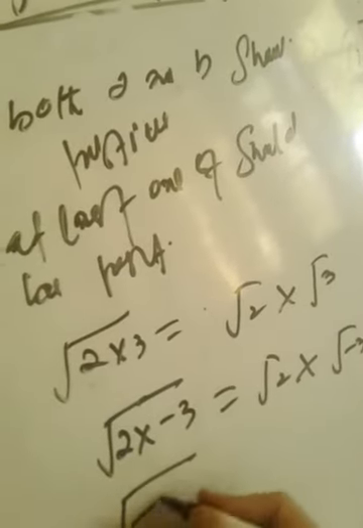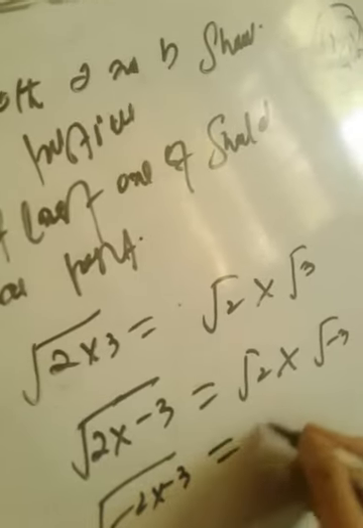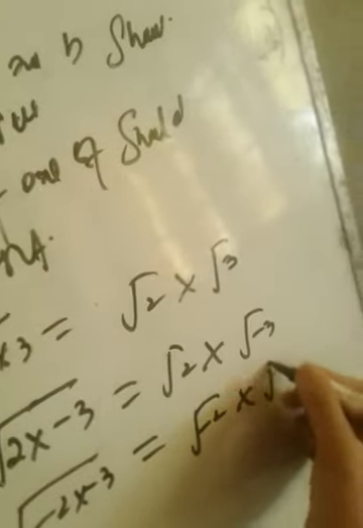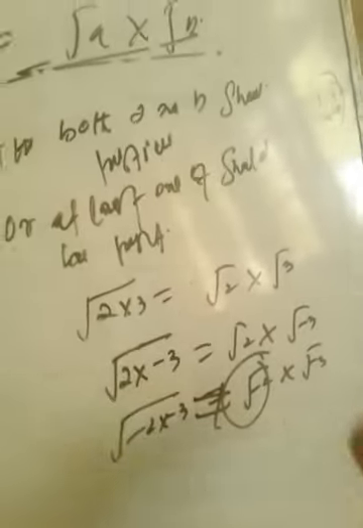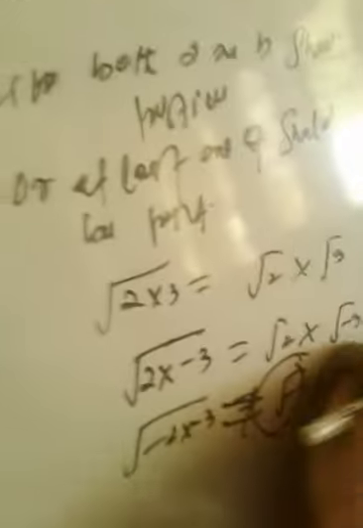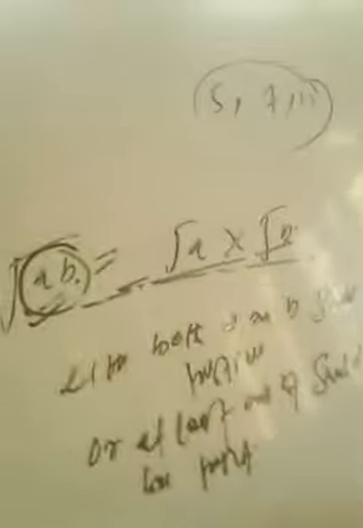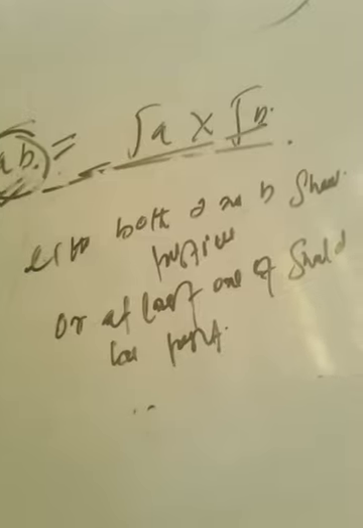But if both are negative, this is minus root 2, minus root 3, this is not true. These are called imaginary numbers. You will see it in your later classes. So remember, the answer is that both numbers should be positive or at least one of them should be positive.